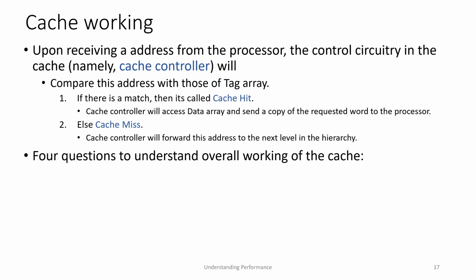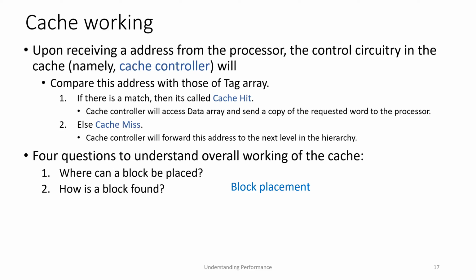Now, in general, it is a common practice to understand the overall cache operation using 4 questions. First is, where can I place a block of data? Is it that I can place it anywhere, or only in a fixed number of places? It is called block placement. Where can I find the block?